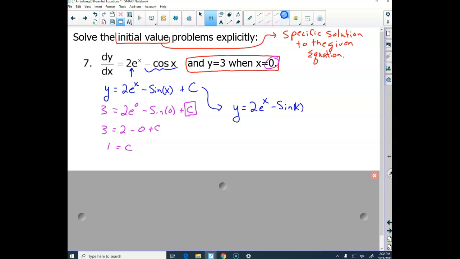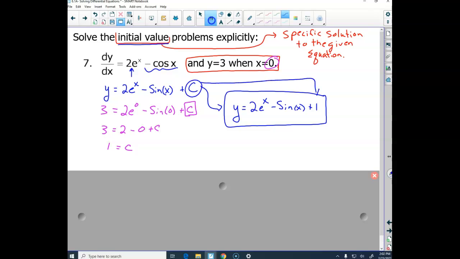Ooh, that's a bad sign. I don't like it. Minus sine x. And that c value is plus 1. We did this earlier this year. We found some particular solutions. So whenever they give us an initial condition or an initial value, we need to calculate this specific value c. In this case, it was 1, and tag it at the end of it.